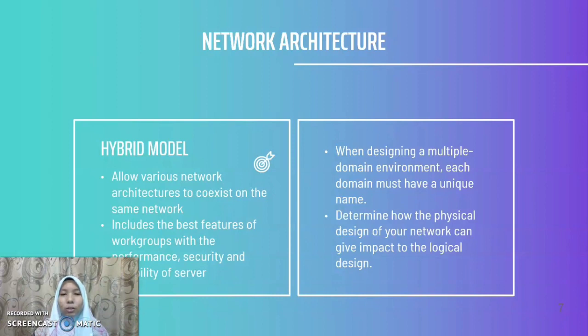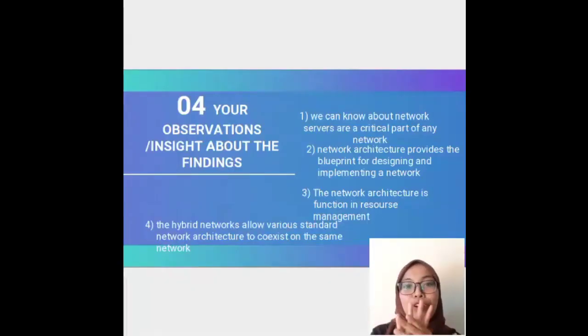It includes the best features of workgroups with the performance, security, and reliability of servers. Overall, for network architecture, when designing a multiple domain environment, each domain must have a unique name. So, it is very important to determine how the physical design of your network can impact the logical design.